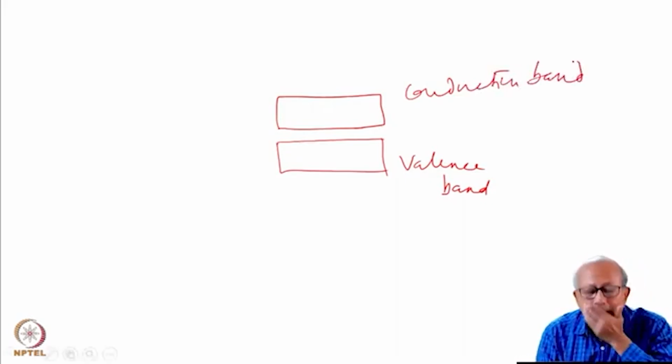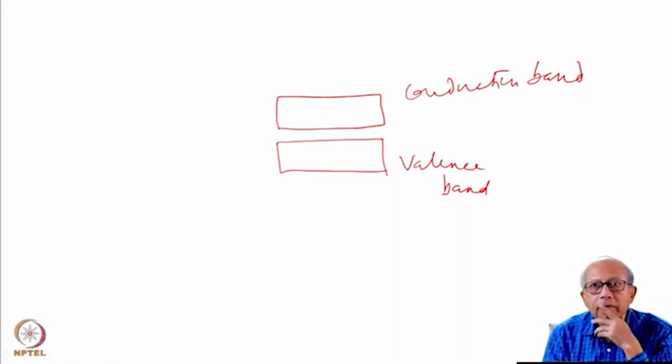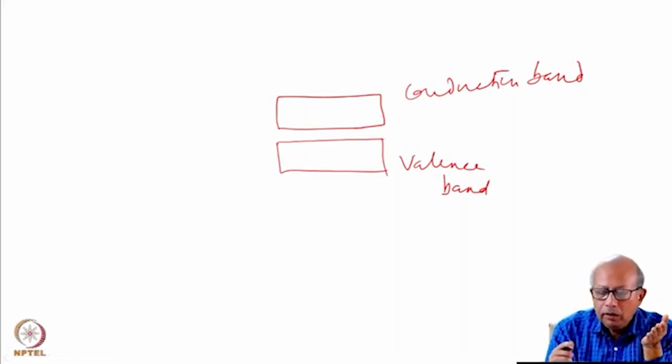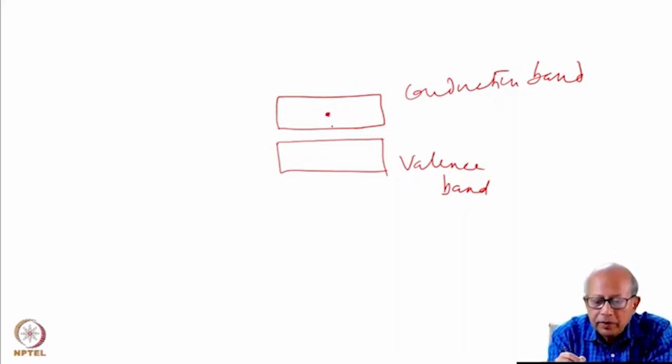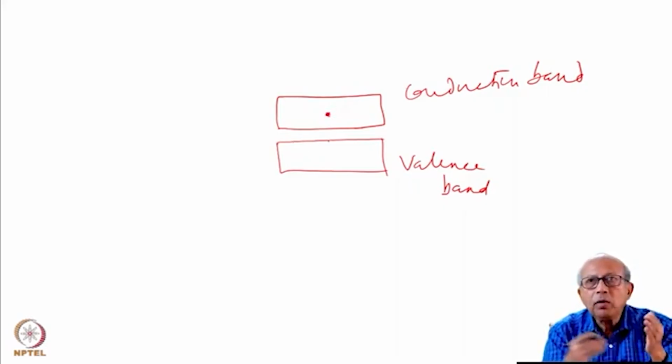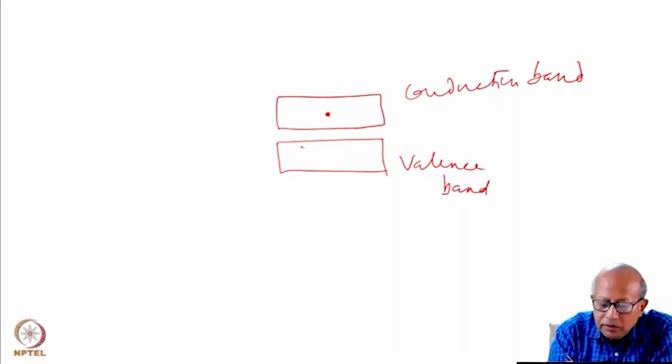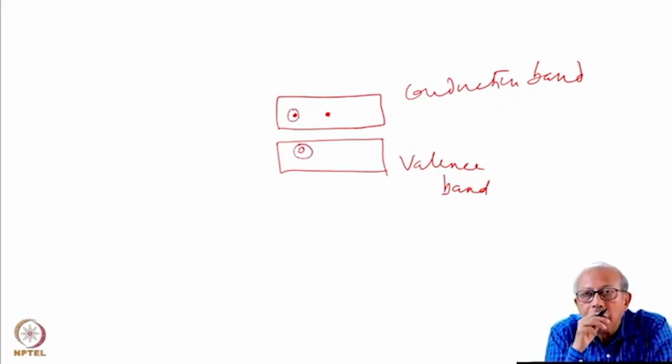Now, as you are pumping the current, you are creating holes and electrons: holes in the valence band and electrons in the conduction band.